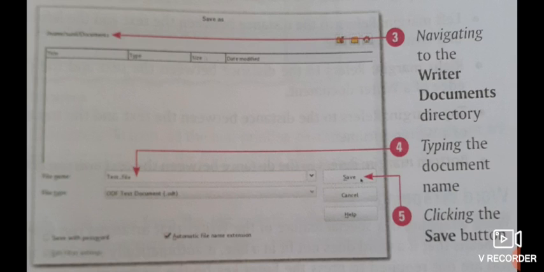Means the location where we want to save our work. Either we select Documents or Desktop or any other location where we want to save our work. After that we have to type the name of the file in the file name box, and at last we have to click on save option.